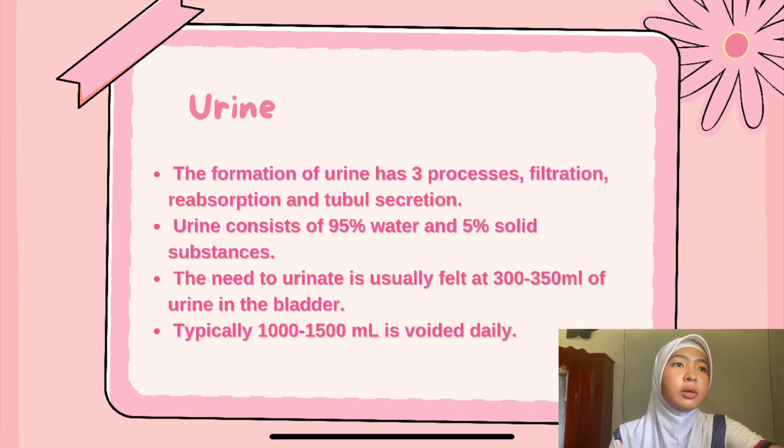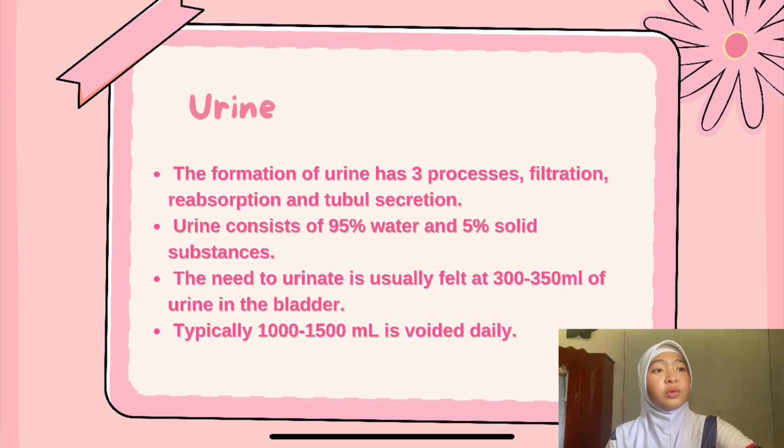Urine, the formation of urine has three processes, which are filtration, reabsorption, and tubular secretion. Urine consists of 95% water and 5% solid. Usually, in other books, 96% water and 4% solid substances.